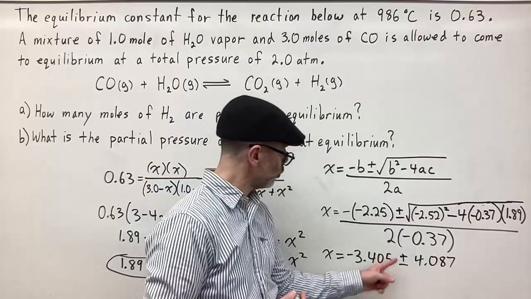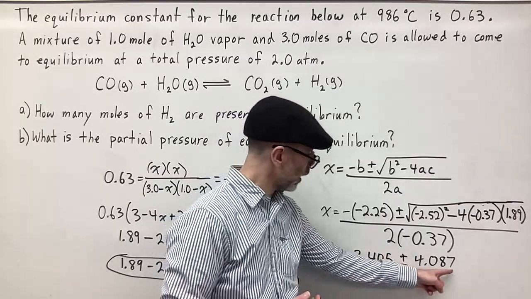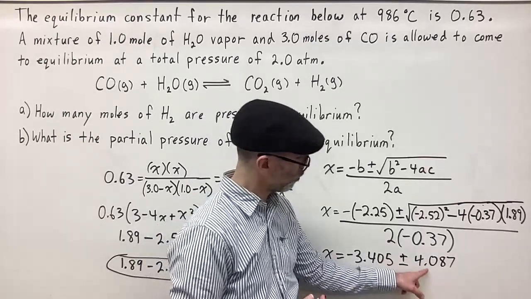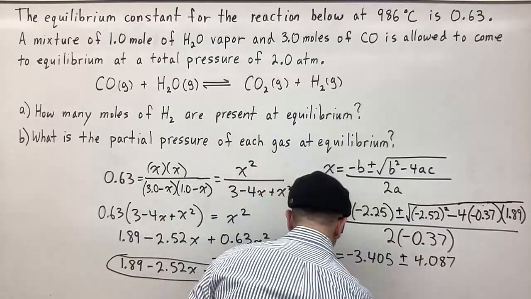Okay, so now what I need to do is I'm going to get two x values. The reason for the two x values is because if I add 4.087 to this, I'll get one x value, and then I'll subtract 4.087, and I'll get another x value. And so let's do that.